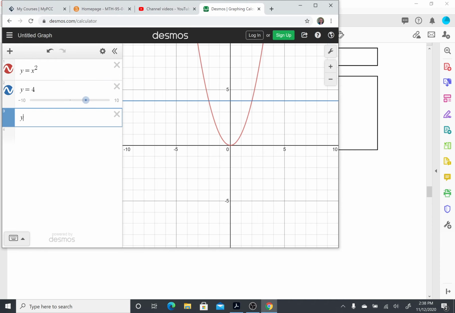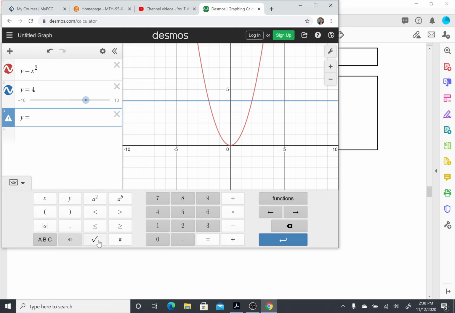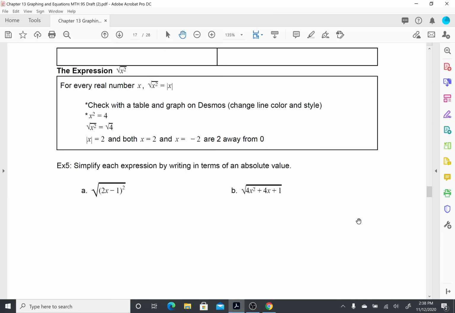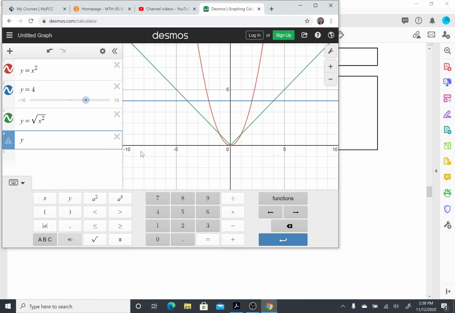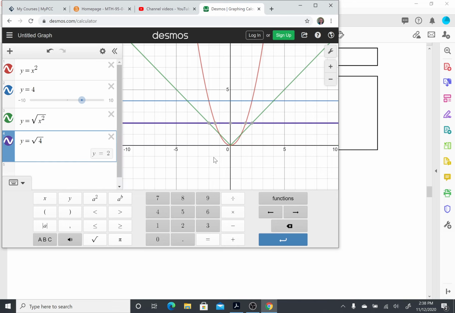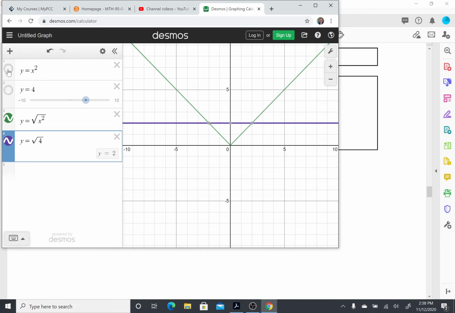So a new one, y equals the square root of x squared, to see if that equals the square root of 4. So y equals the square root of 4. Okay, what's going on there? Let's turn these top two off so that they aren't visible anymore.